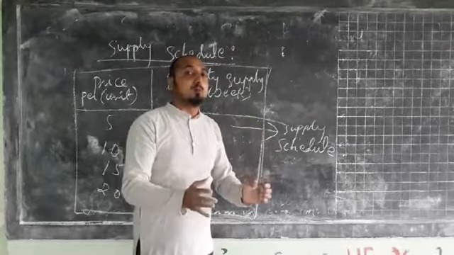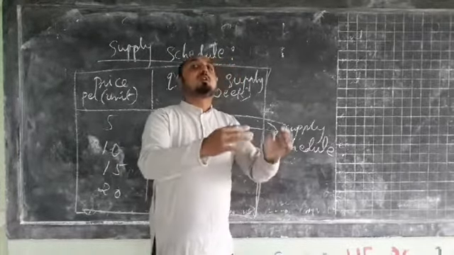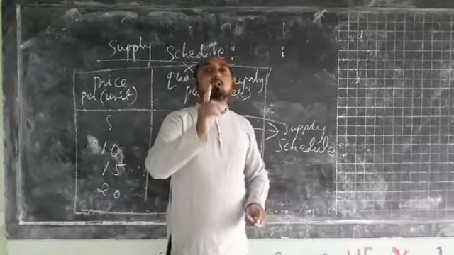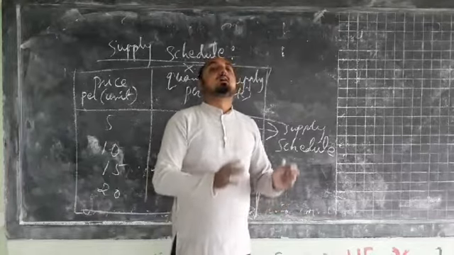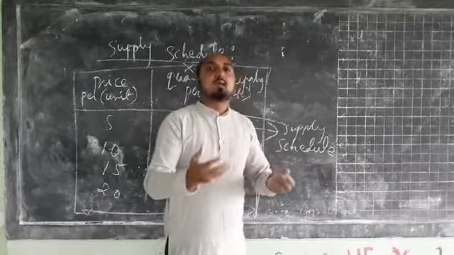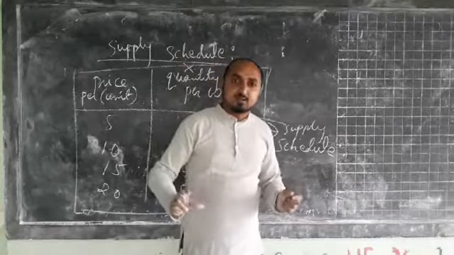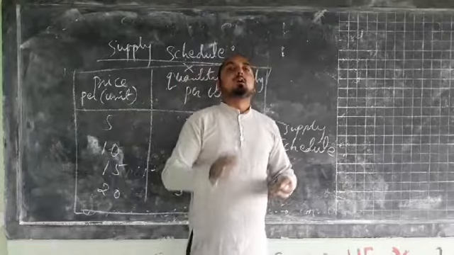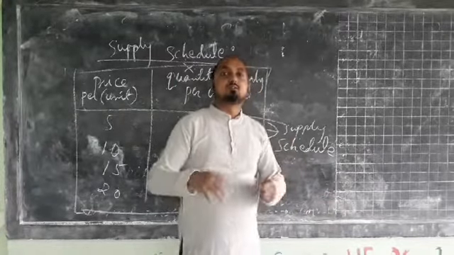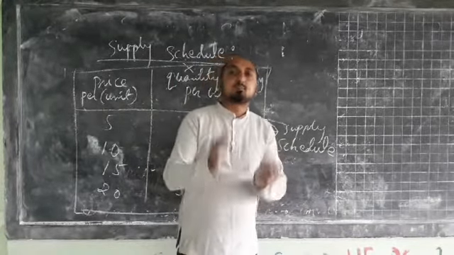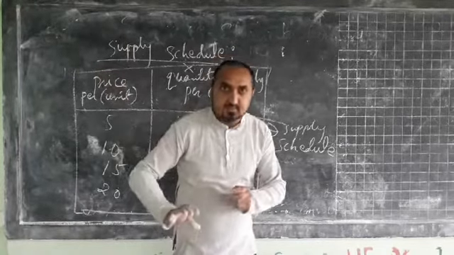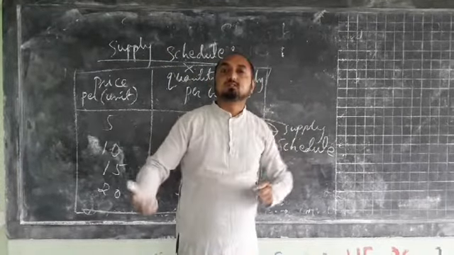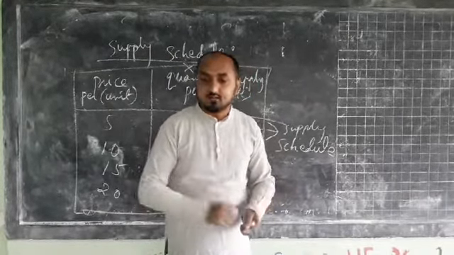So when an individual firm is supplying different quantities of a commodity at different prices, if only one producer is producing and supplying the commodity in the market at various prices, then that is your individual supply schedule. And similarly, if many producers are producing various quantities of a commodity and supplying it in the market at the different prices, then if we represent it in a tabular form, that concept can be considered as the market supply schedule.